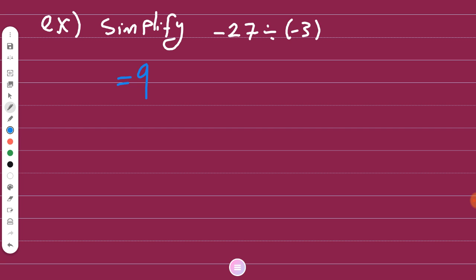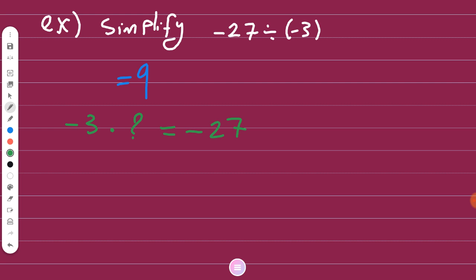And if you want to think about it mentally, I need to find a number that, if I multiply it with negative 3, gives us negative 27. So I start to think what times negative 3 gives us negative 27. The sign of 27 is negative.